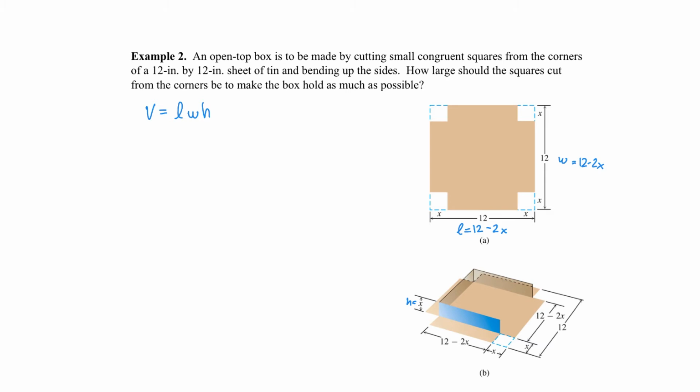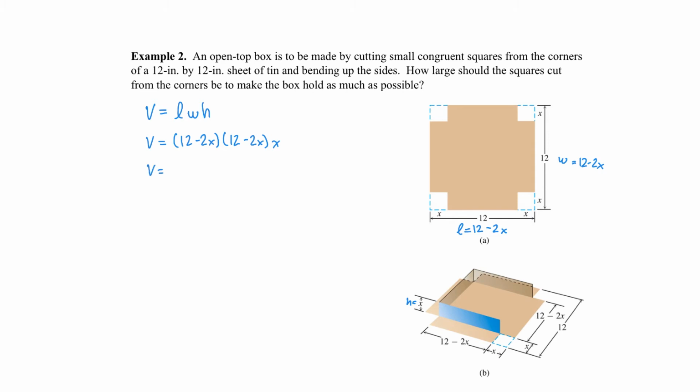Now let's substitute these into our volume equation. We find V is equal to length, which is 12 minus 2x, width, also 12 minus 2x, height, just x. Now we need the critical points. We can just go ahead and do the product rule twice, or we can distribute. I'm going to go ahead and distribute.